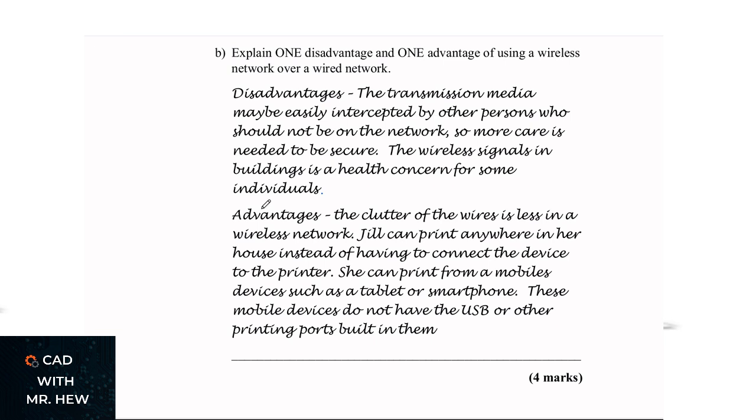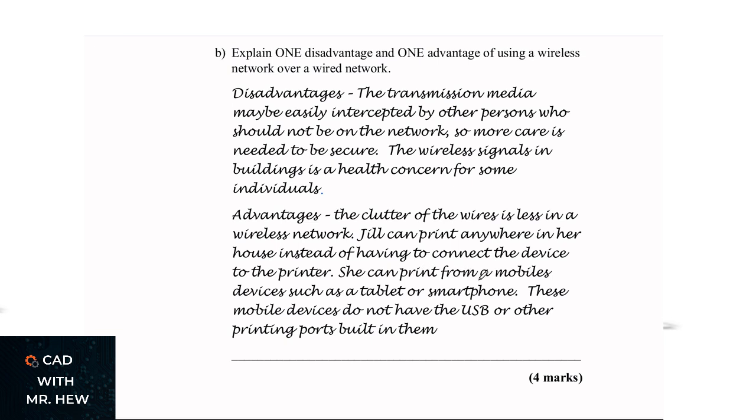Advantages of using a wireless network over a wired network. The clutter of the wires is less in a wireless network. Jill can print anywhere in her house instead of having to connect the device to the printer.